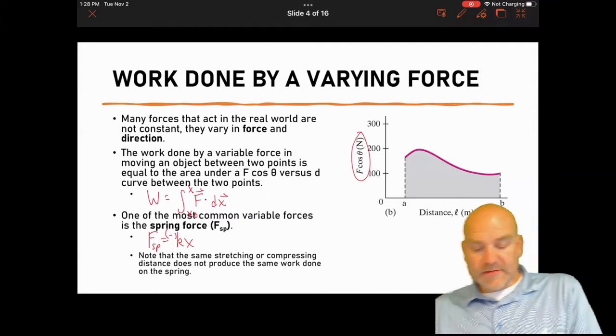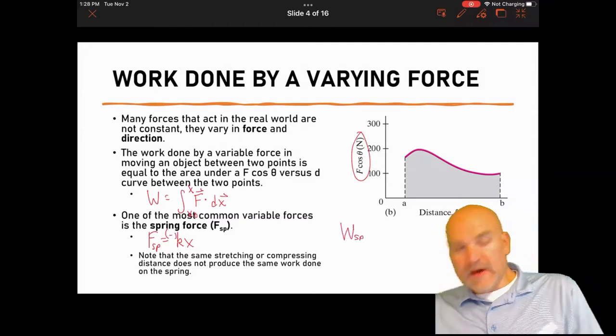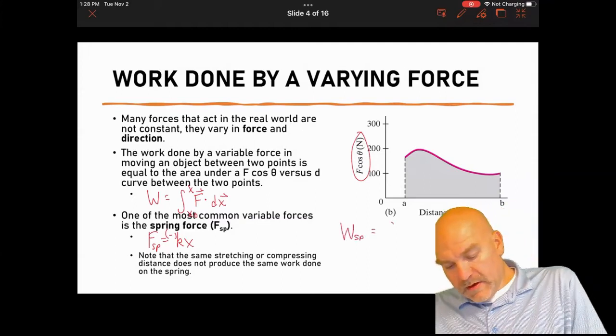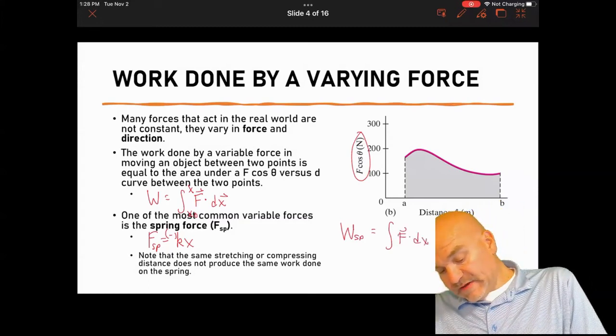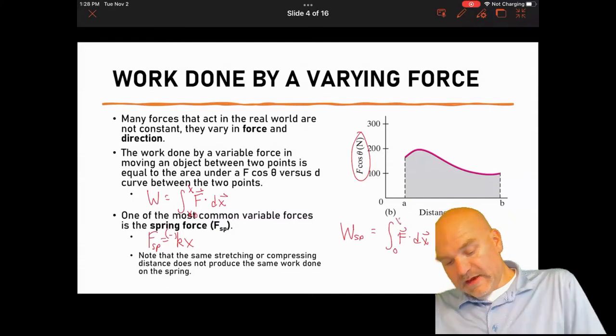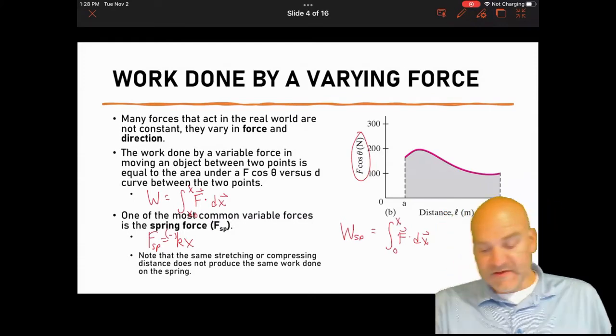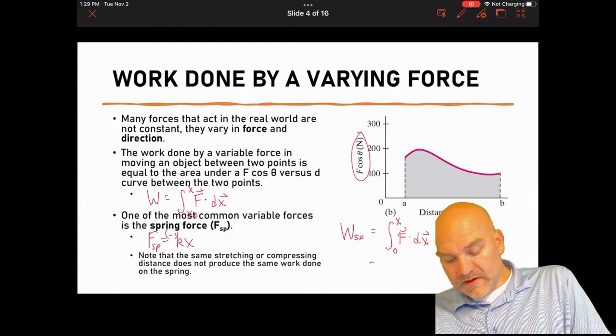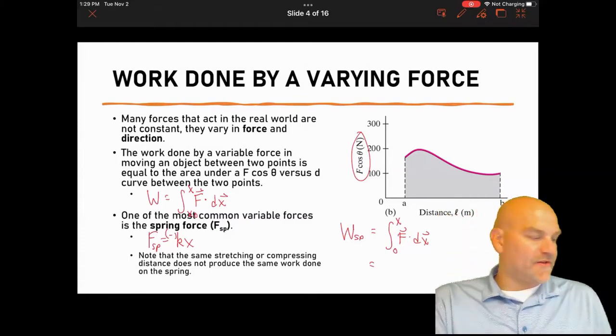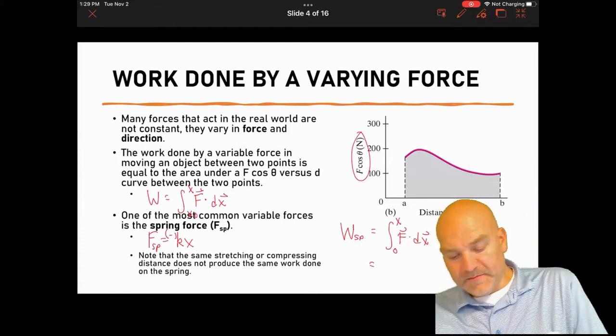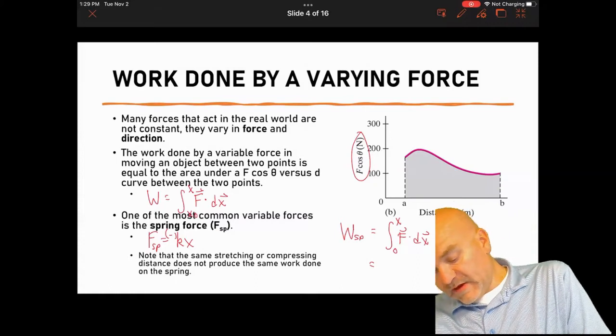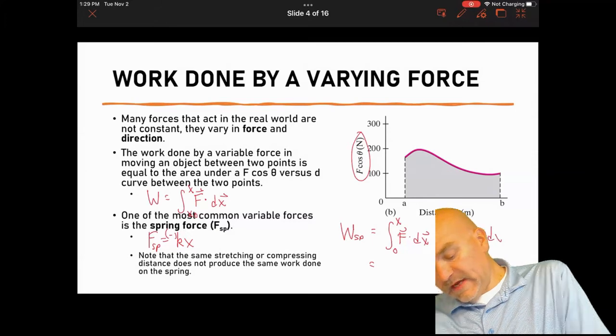If we want to do that conceptually, the work done on a spring is going to be the integral of F dot dx, from 0 to x, because we're going to go from its relaxed state to just some position out there. So I'm going to say it's the integral from 0 to x of kx dx.